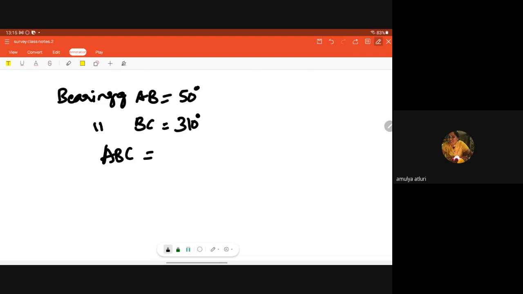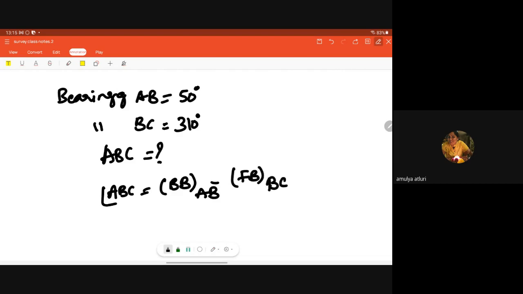So how do we calculate? Generally angle ABC, the angle B, is nothing but the back bearing of AB minus the forebearing of BC, right? The forebearing of AB is given as 50, so what will be the back bearing?